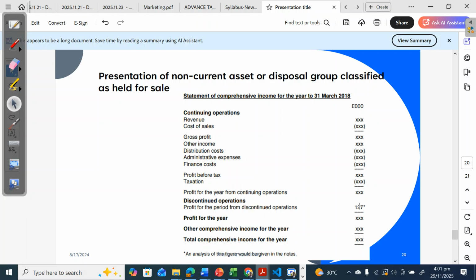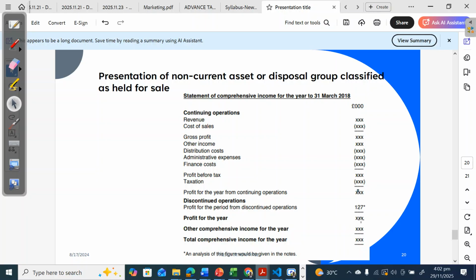If you take the profit or loss account, you can clearly see the profit or loss we made from the discontinued operation. We compare this with the continuing operations. Then we have the profit for the year.